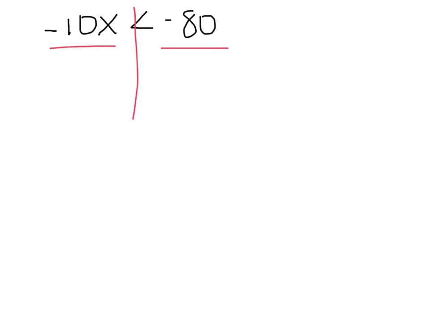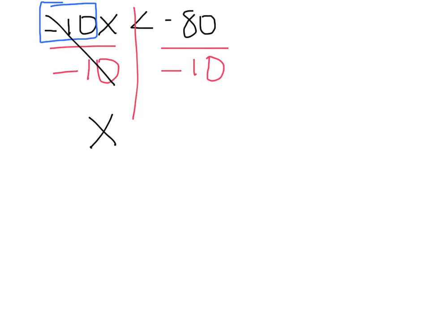The coefficient for this problem, because it's multiplying, is negative 10. Because it's negative 10, we know automatically we have to flip the symbol in the answer. We're dividing both sides by negative 10. Negative 10 divided by negative 10 will equal x.